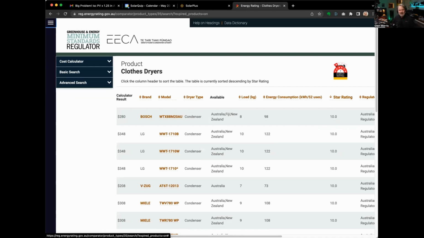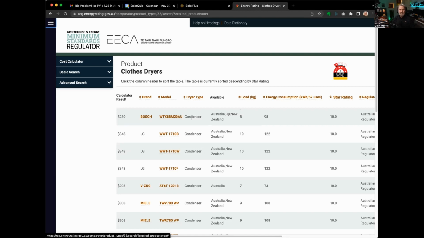Why it's important to know this is if you're buying a second-hand fridge that's about 10 years old, it might be a 5-star fridge 10 years ago, but today it would probably be a 2 or 3-star fridge because the star rating scheme got a big upgrade. Condenser, if you're not familiar with what that means, a condenser clothes dryer actually uses the refrigeration cycle.